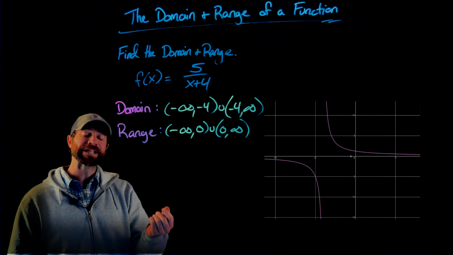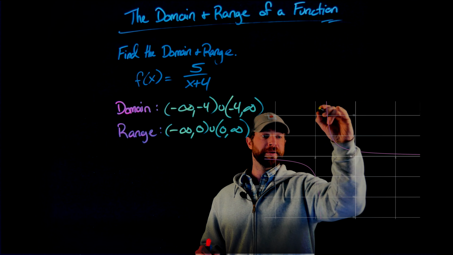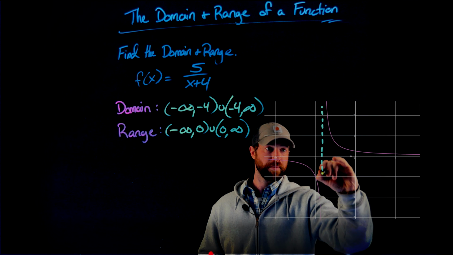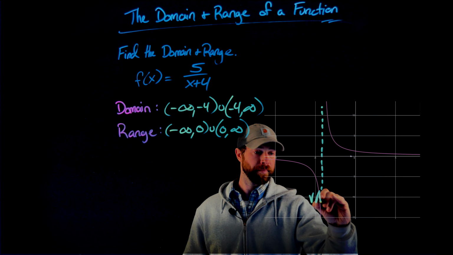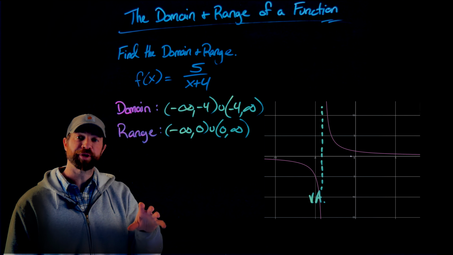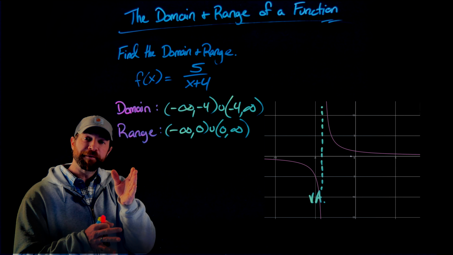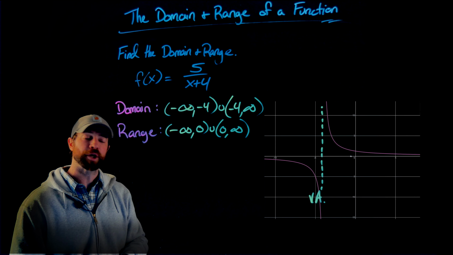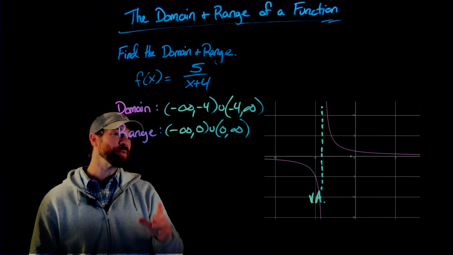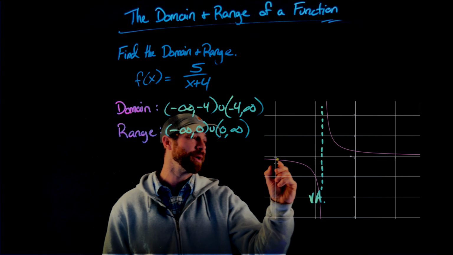There actually is what we would call a vertical asymptote here at x equals -4. This vertical asymptote, this dotted line that I put there, is not part of the graph, but it's kind of a guideline that says that this function never crosses this barrier right here. In the same way, this function has a horizontal asymptote at y equals 0.